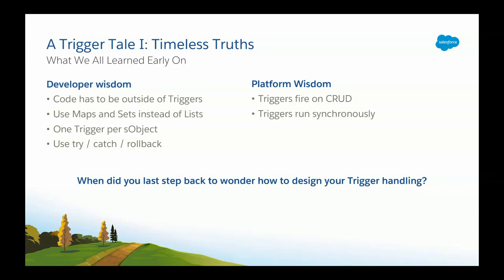Well, we all know when we started back a few years ago, triggers are the kind of glue that keeps our platform together. And when we built our first triggers, we started and made things work, and then we found out that we should keep to several principles. For example, we want to keep our code outside of the trigger itself.